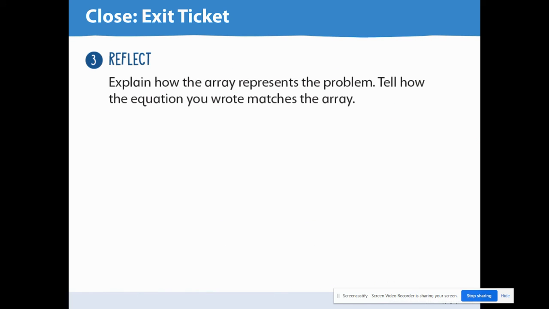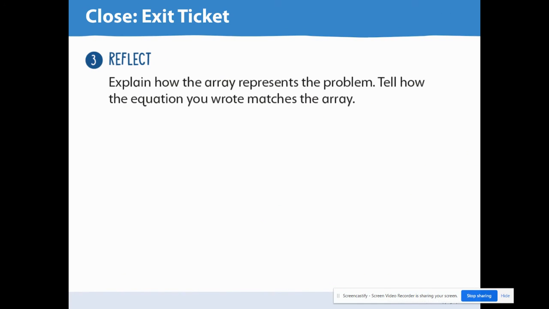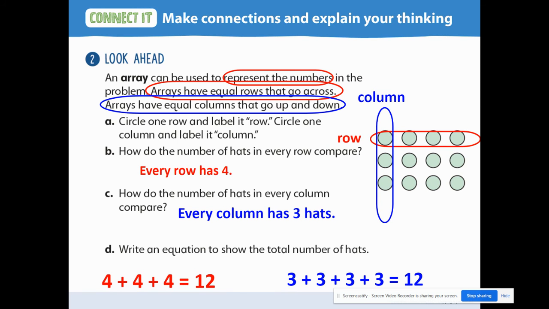All right, let's reflect. Start exit ticket. Explain how the array represents the problem. Tell how the equation you wrote matches the array. So you can go back here. How does the equation match the array? We used a row in an equation. How do they match?